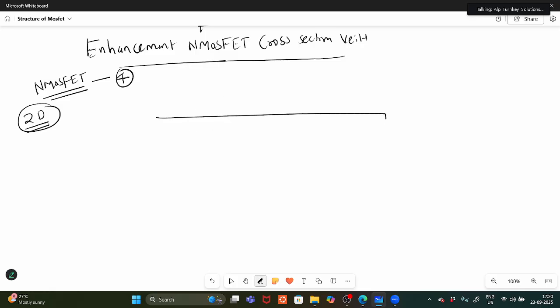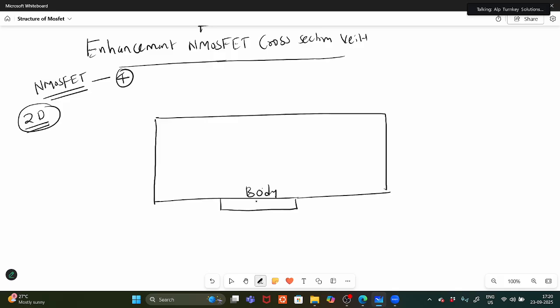So here this is the cross-sectional view. You have a body, or we can call it a substrate also. This is body, B, and the P substrate.